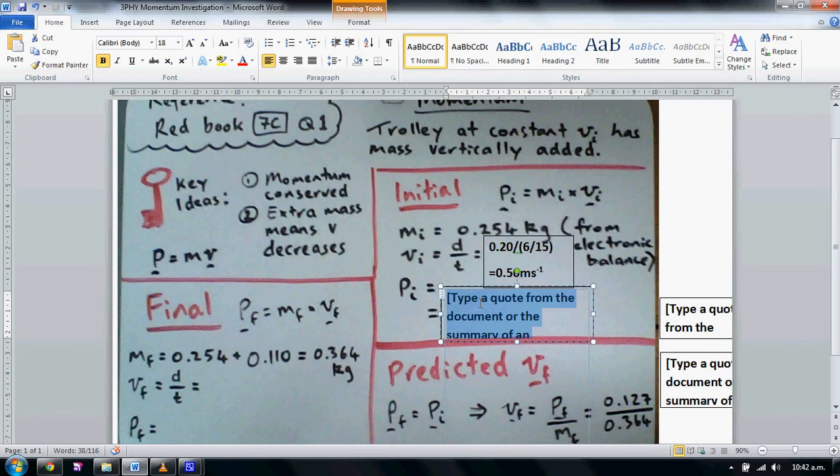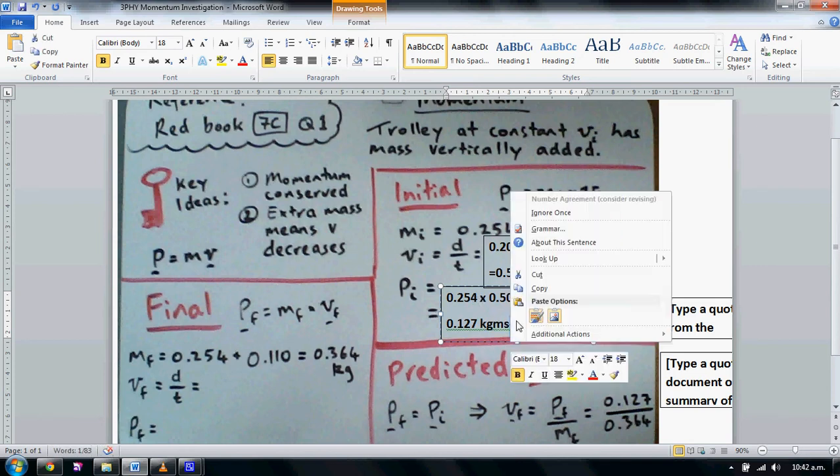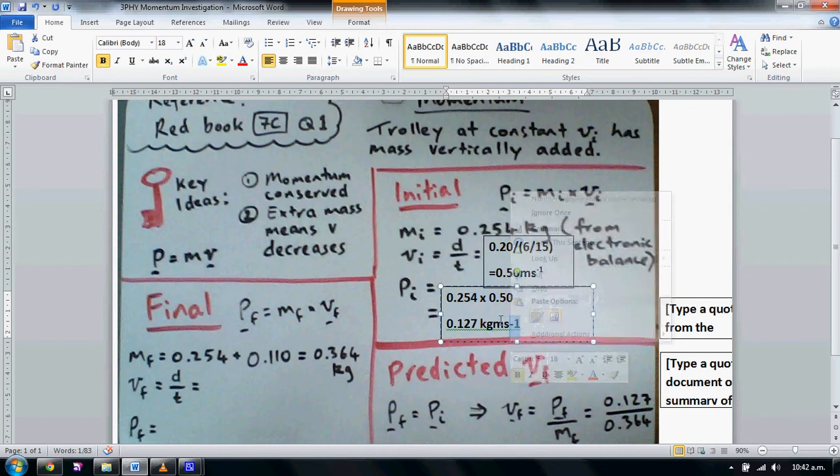of the mass was 0.254 times the velocity 0.50, gives us our momentum of 0.127 kilogram meters per second. Same thing again to make that momentum. Oops, that didn't work quite how I was expecting.